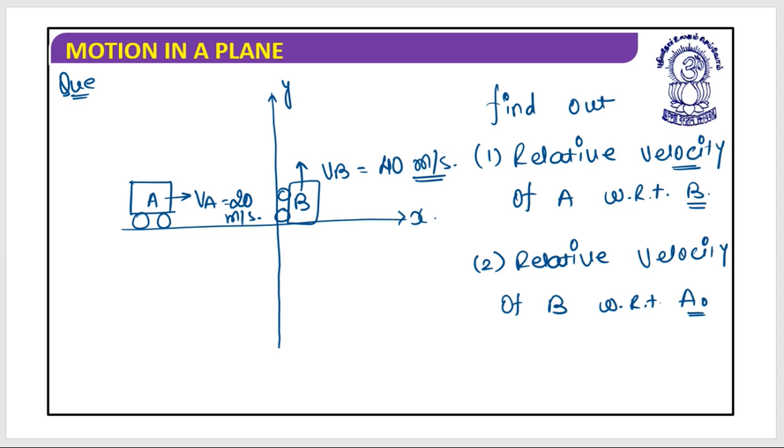Please mind well, velocity is a vector quantity, and when I talk about a vector, I talk about the magnitude as well as the direction. So what should be done when I need to find the relative velocities?